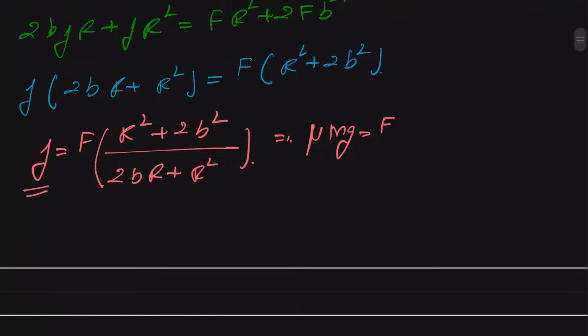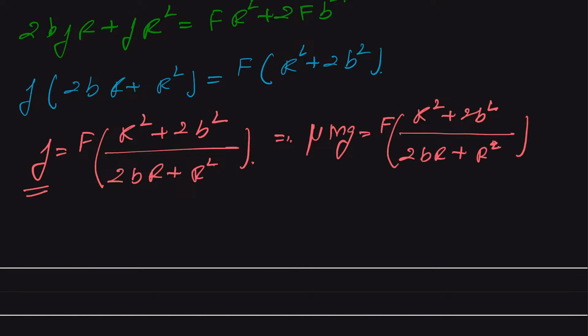So this comes as F, R square plus 2B square, and this is 2BR plus R square.